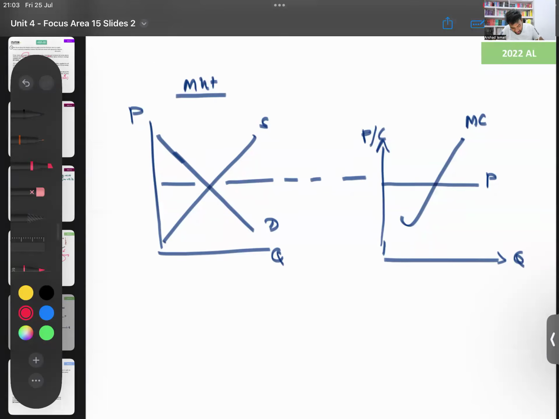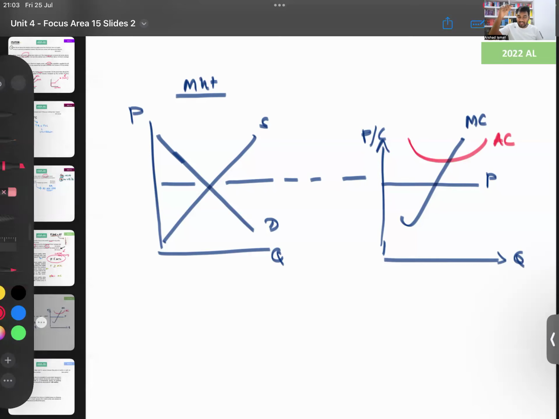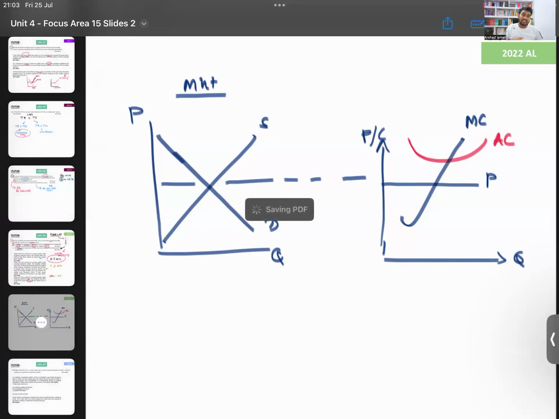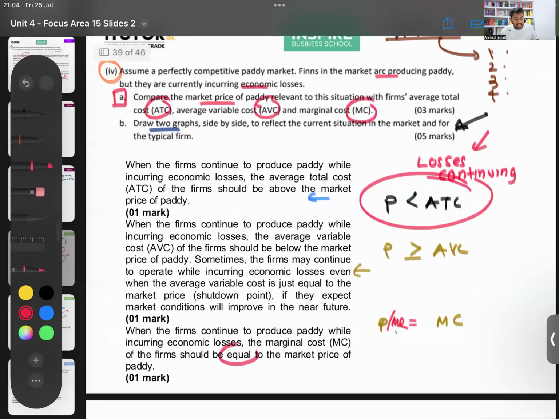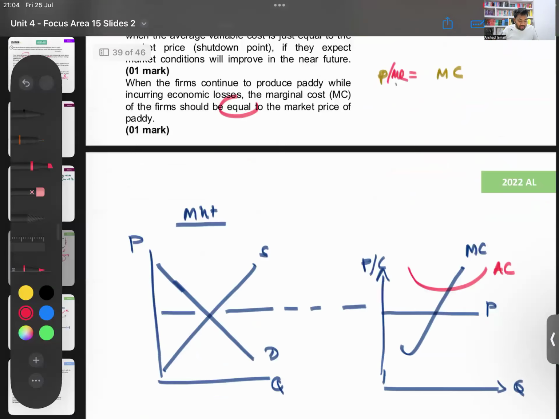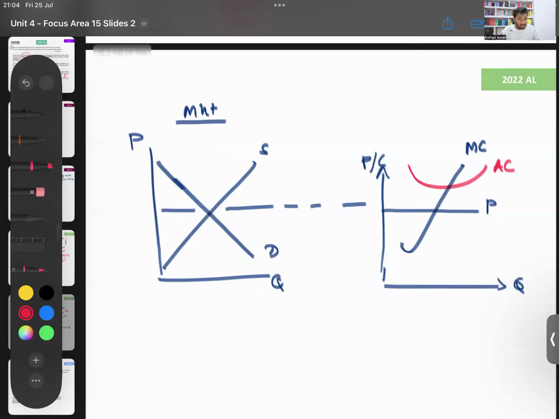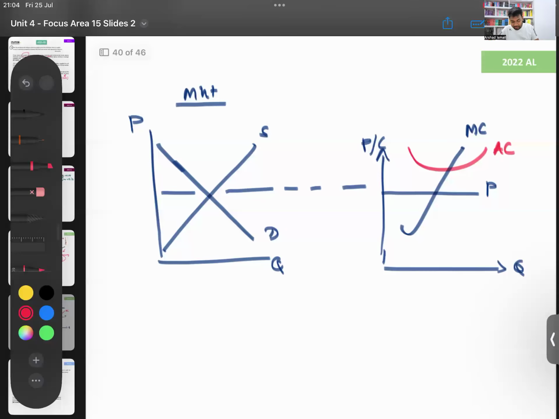Now see, the first question is a hint for you to draw the second one. They're helping you to draw from the first one. Here the average cost is higher than the price, so draw the average cost above the price. That's why you're making a loss. But even though you're making a loss, you are still continuing. So where should your average variable cost be?